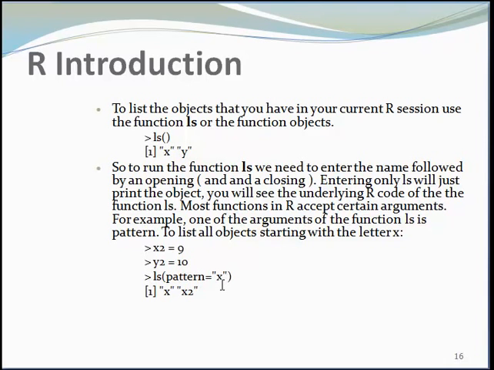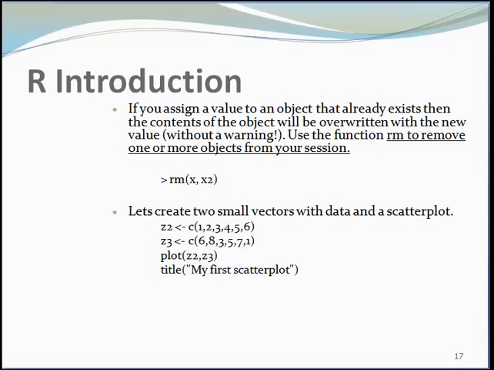Then you will get the list x and x2. Now suppose you want to remove some of the objects from your current session, then type rm and in the bracket the names of the objects. If I want to remove the x and x2 objects from my current list, then I will type rm x and x2.